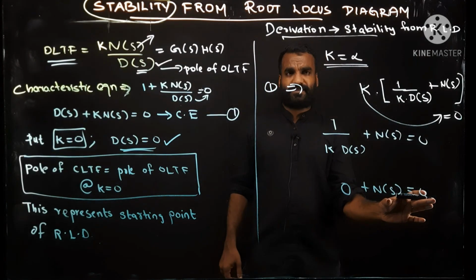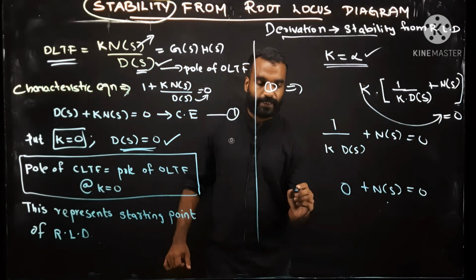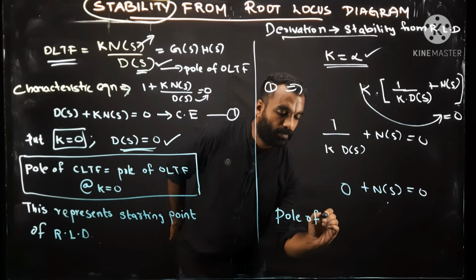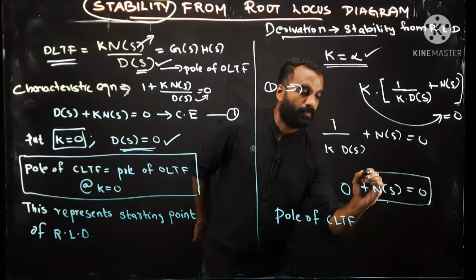Now this is the characteristic equation when K is equal to infinity. And the root of the characteristic equation will give the pole of the closed loop transfer function. That is N(s) equal to 0.